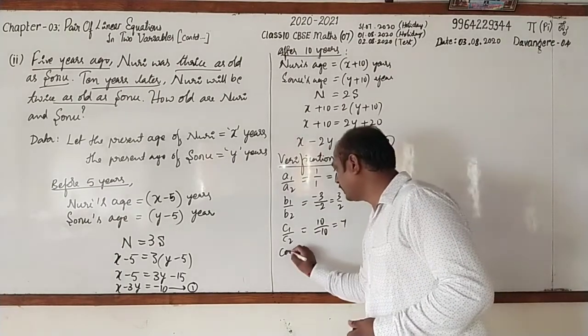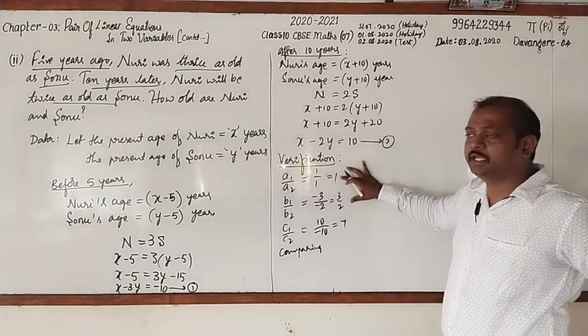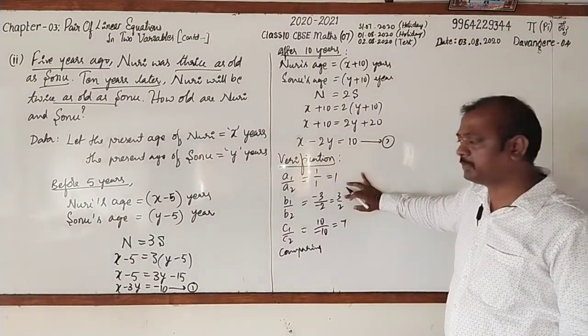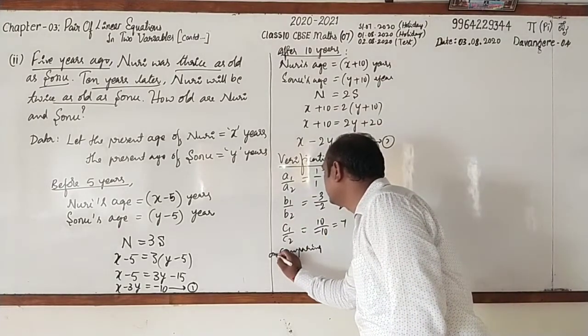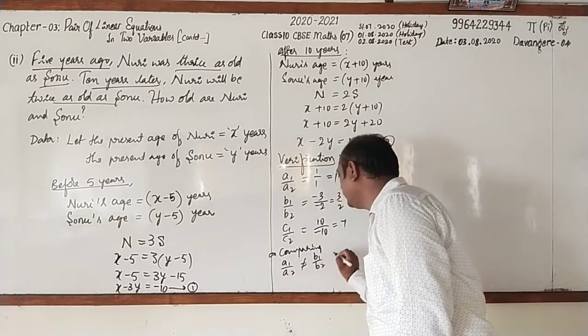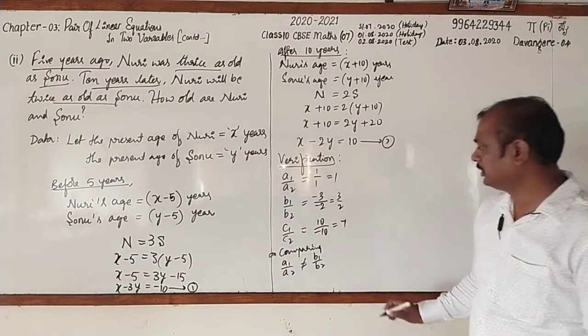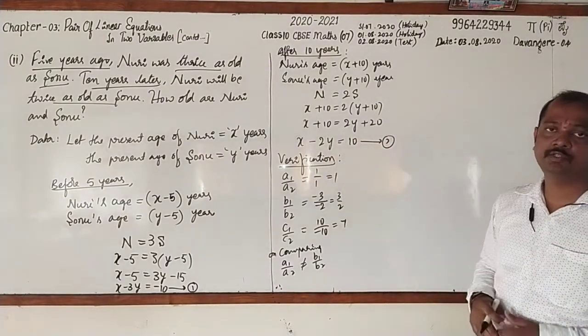Now on comparing, what do you say? a1 by a2 is 1, b1 by b2 is 3 by 2. Are they equal? No. So a1 by a2 is not equal to b1 by b2. Clear? What do you say about the type of solution? It has a unique solution.